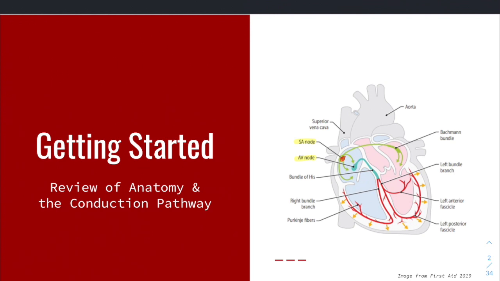Your electrical depolarization is going to permeate through the atria, and that's going to cause uniform depolarization between the left and the right atrium, so that those two chambers contract together in sync with each other. And as you're moving down, the electrical conductance is going to hit the AV node and travel down through the bundle of His.